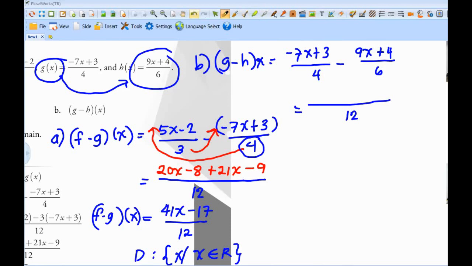But since 4 and 6 have a common factor, which is 2, we cannot simply cross multiply. What we do first is divide 12 by 4, which is 3, and multiply it by negative 7x plus 3. Minus 12 divided by 6, which is 2, multiplied there by 9x plus 4.